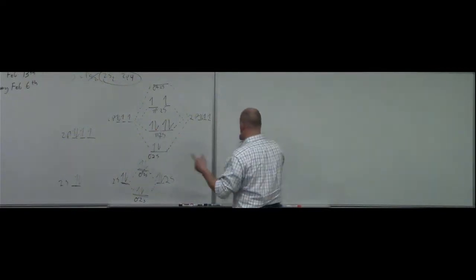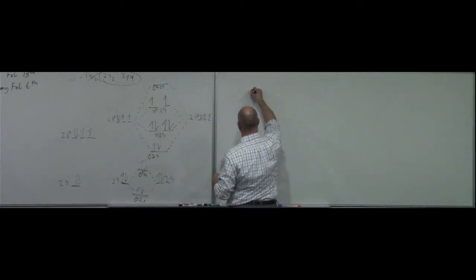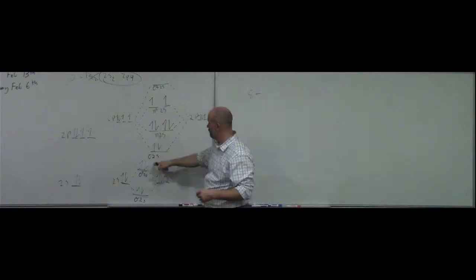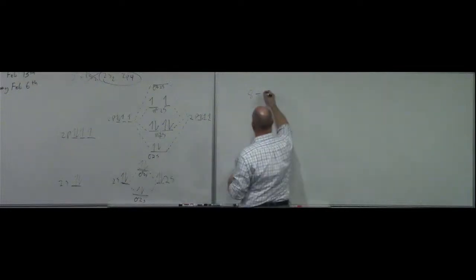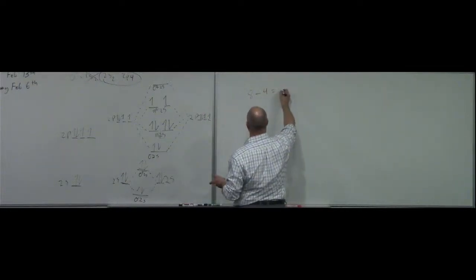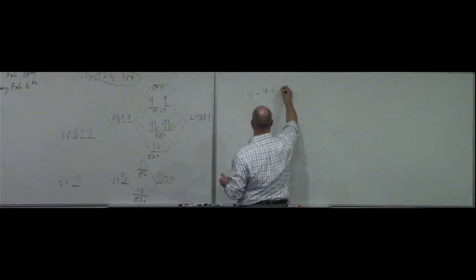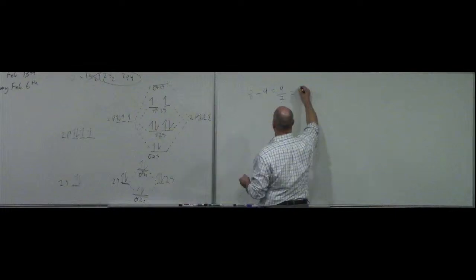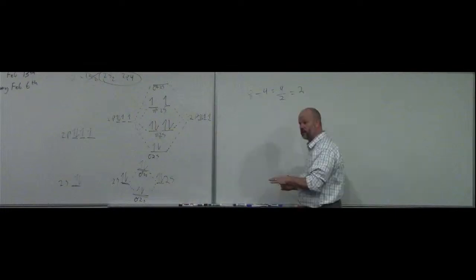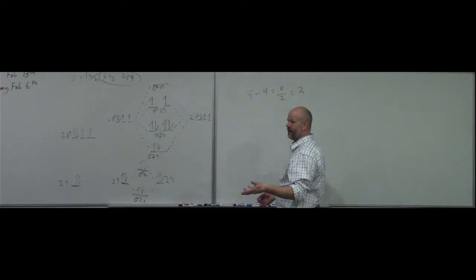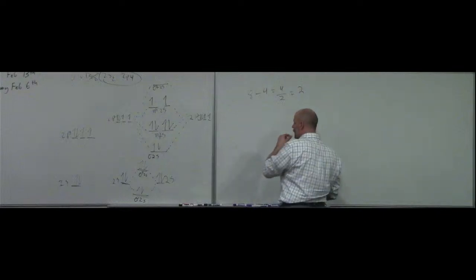So I have 8 minus 4. 8 minus 4 equals 4. Divided by 2 equals 2. So this is a bond order of 2. What does that signify? There are going to be 2 bonds. Yeah, very good. Okay.